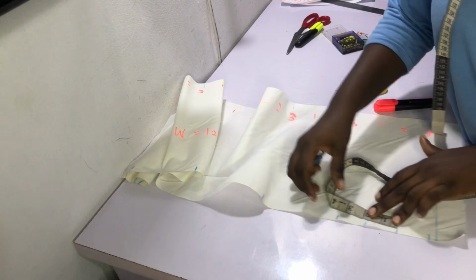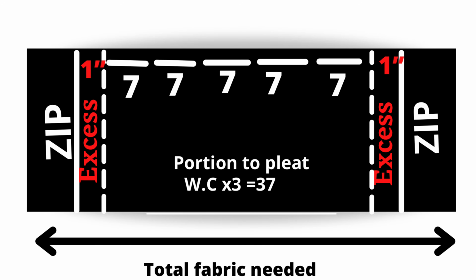So again, another example: if you have a pleat width of 7 inches and a space of 37 inches, the best you can get is 5 pleats that are 7 inches, which would be 35, leaving you with an excess of 2 inches.